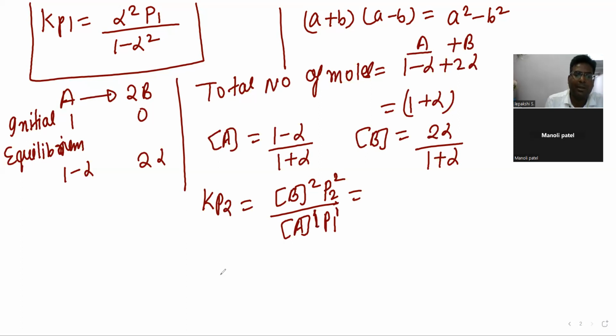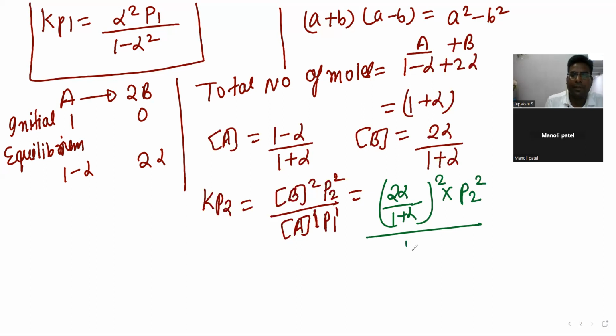That's why its power will be 1 only. After putting the value, you will get 2 alpha by 1 plus alpha square into P2 raised to 2, divided by the concentration of A, that is 1 minus alpha divided by 1 plus alpha into P1.